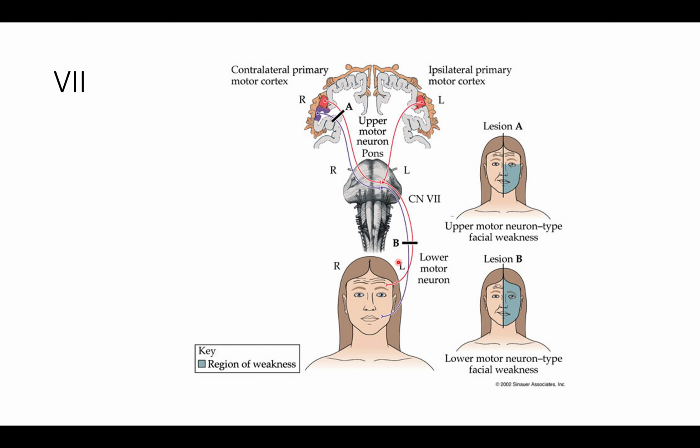So when the lesion is in the cortex, the upper motor neuron, for example in the right side, the whole innervation is blocked.